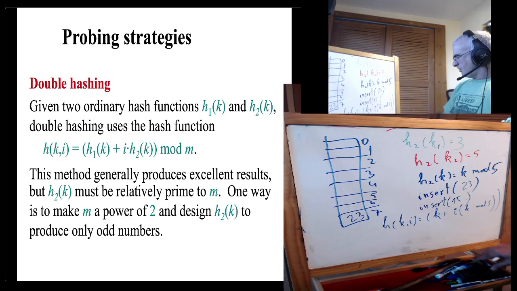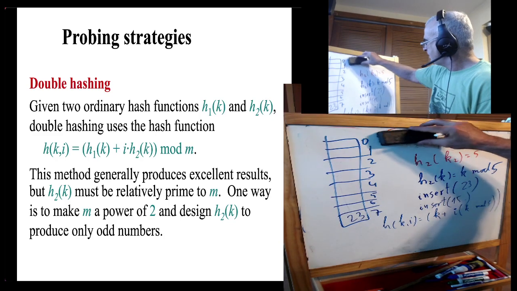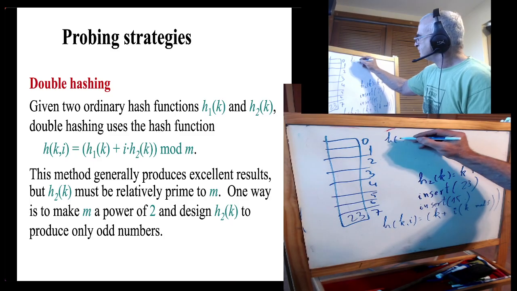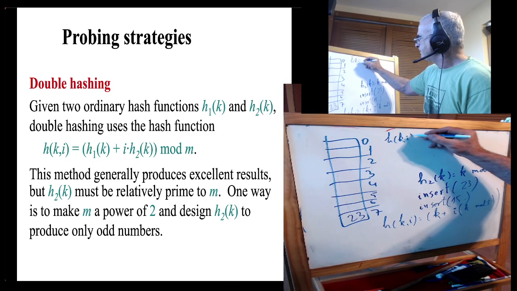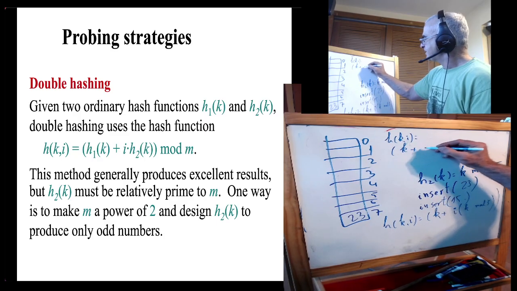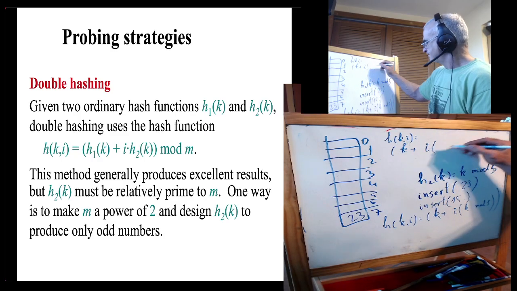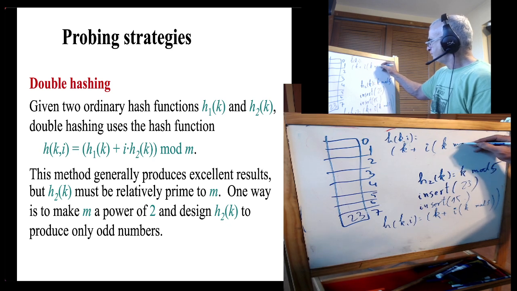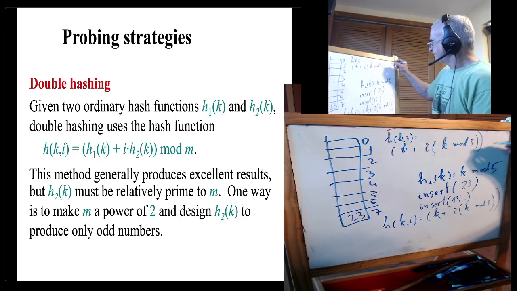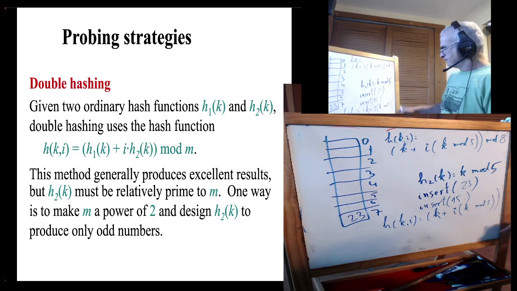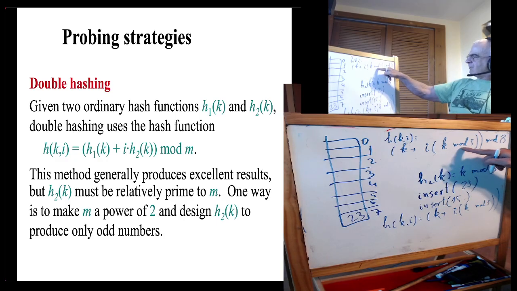So h of k comma i is k plus i times (k mod 5), all of it mod 8.